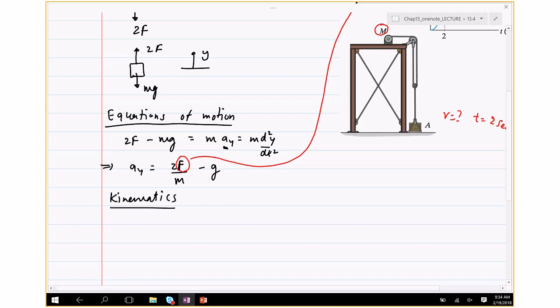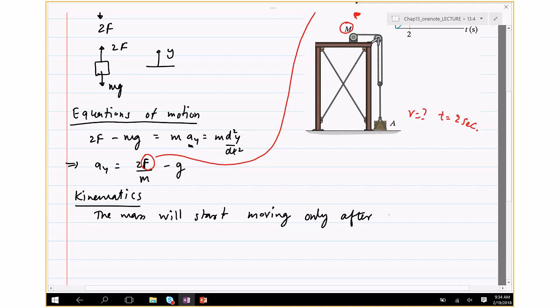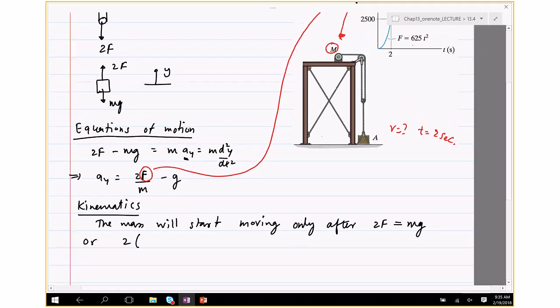So let me write that down. F is 625 t squared, and that equals mg, where m is 400 and gravity is 9.81.